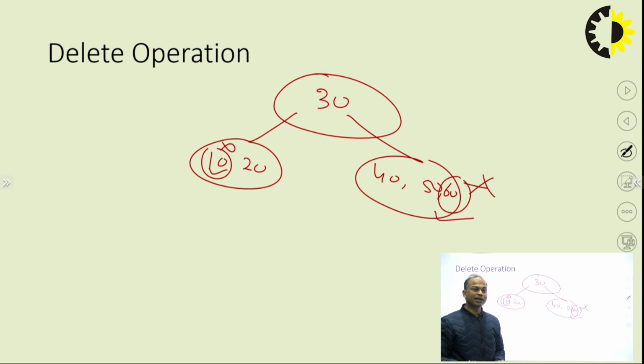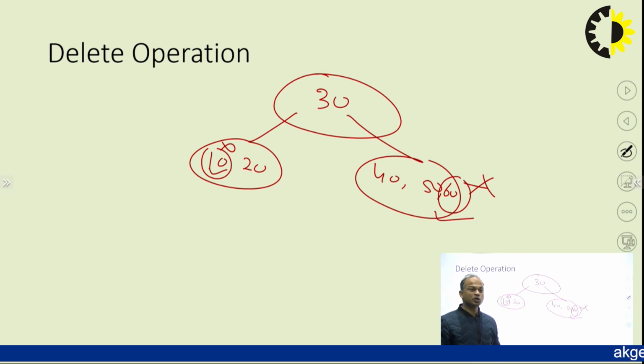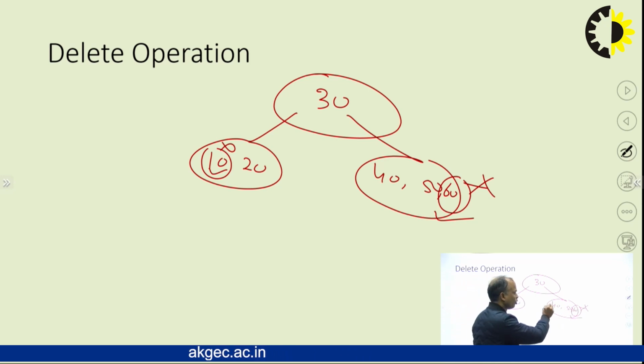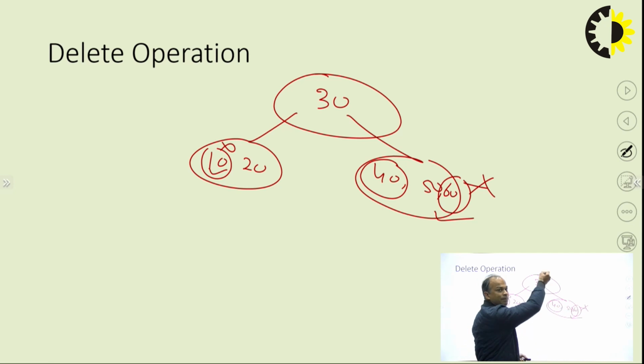So if we have a case like this, then we can borrow a key from its sibling. Here this is the sibling: 40, 50 and 60. So we can borrow 40 here. After borrowing, 40 will go up and 30 will come down, like this.